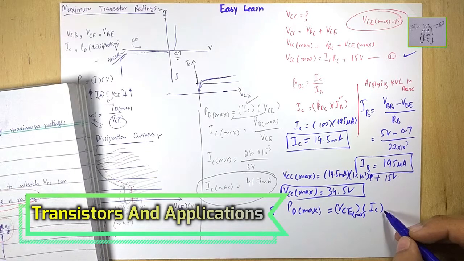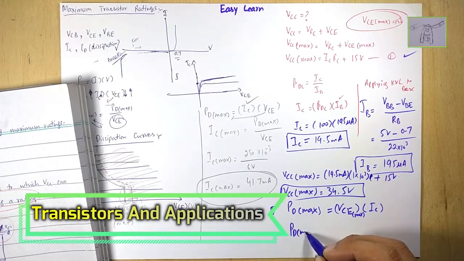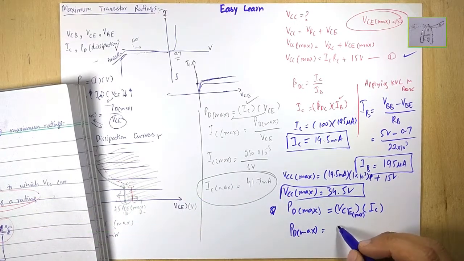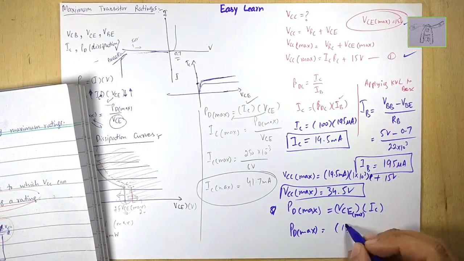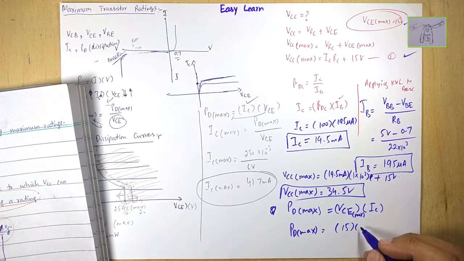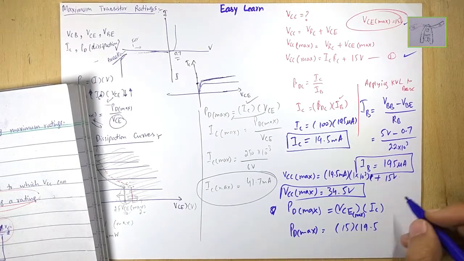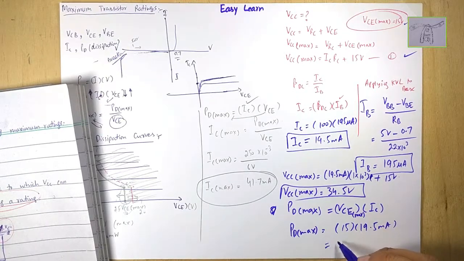Now we have to use the power dissipation maximum equals, what is the VCE maximum? Here it is given, 15 volts. And what is the IC? That is 19.5. I'm using 19.5 milliampere, and the answer for this is 293 milliwatt.